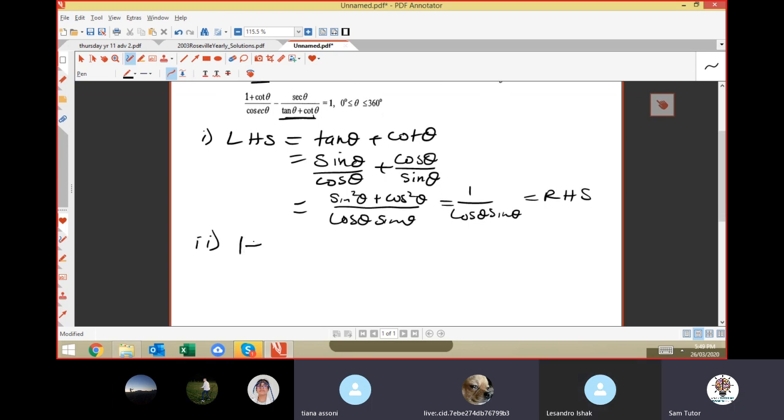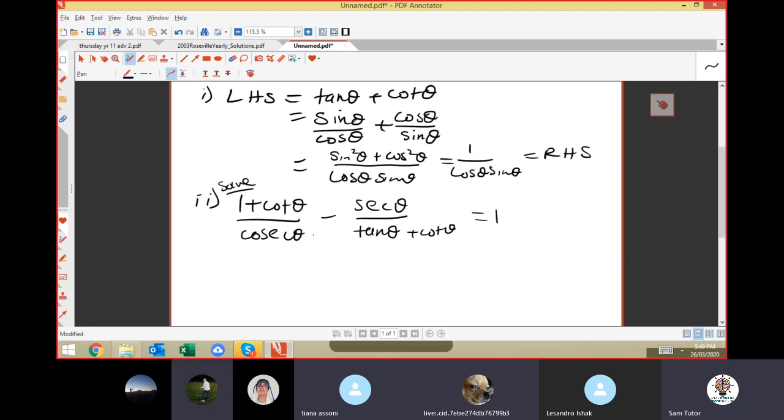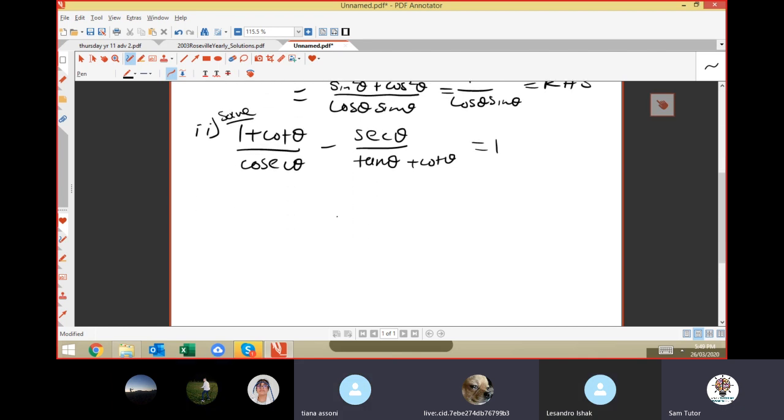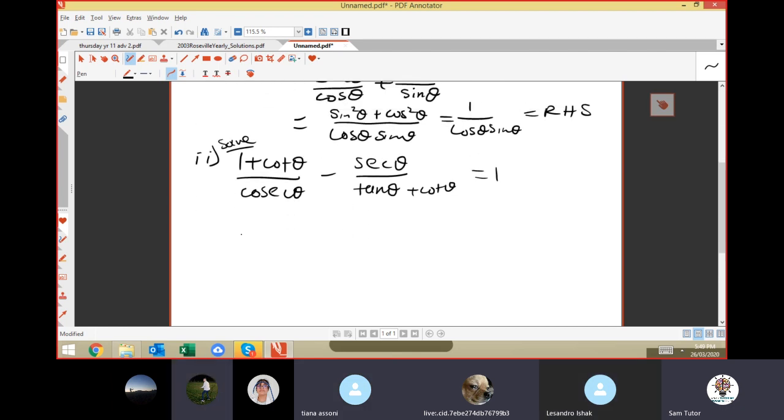Solve: 1 plus cot theta on cosec theta minus sec theta on tan theta plus cot theta equals 1. We're trying to solve this one. All right. Shall I start? Let's do this. All right, here we go. Cot theta. What does cot theta become?